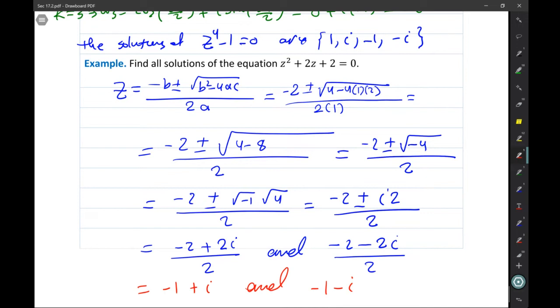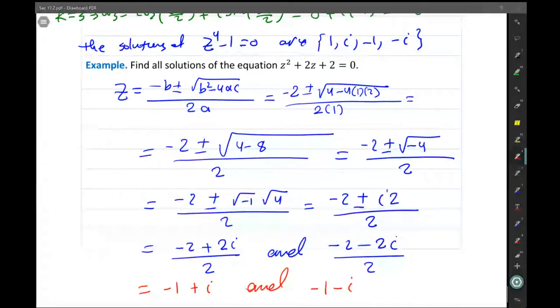Any question here for this example? Any question?